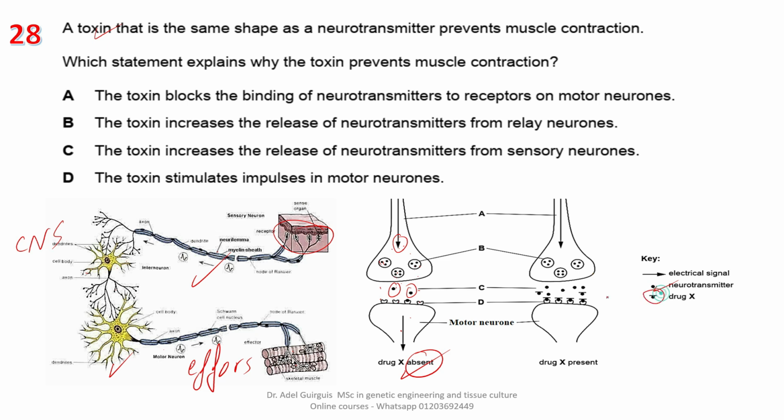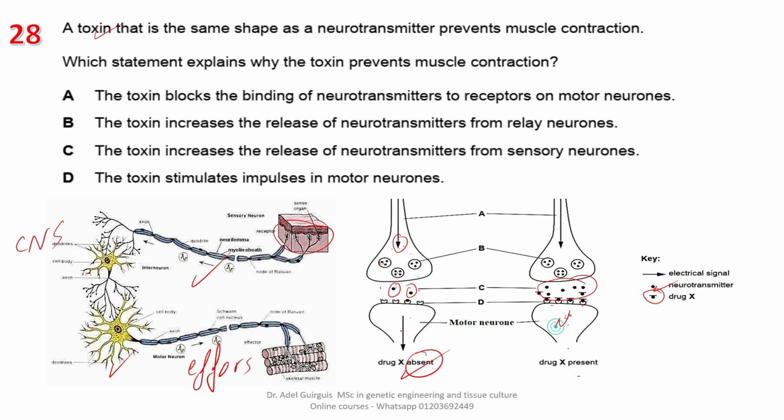The toxin blocks and binds with the receptor in a competitive way with the main neurotransmitter and prevents the neurotransmitter from reaching its receptors. So it prevents muscle contraction by preventing the nerve impulse from reaching it.